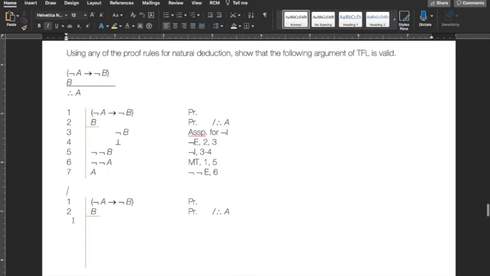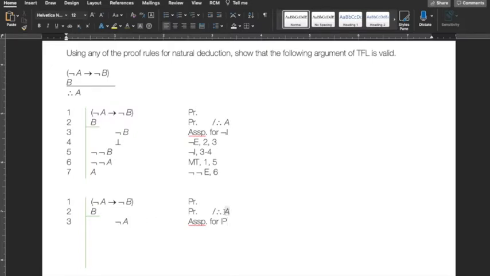I want to also illustrate that there's an alternative way of completing this proof. And that would be, we could assume not A, and that would be an assumption for indirect proof. Indirect proof tells us that if we assume the negation of a sentence and prove a contradiction, we can add the sentence itself.